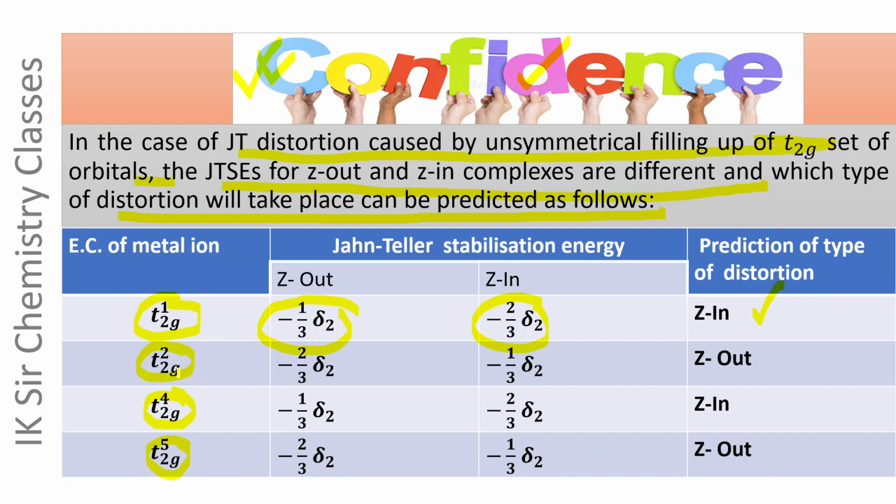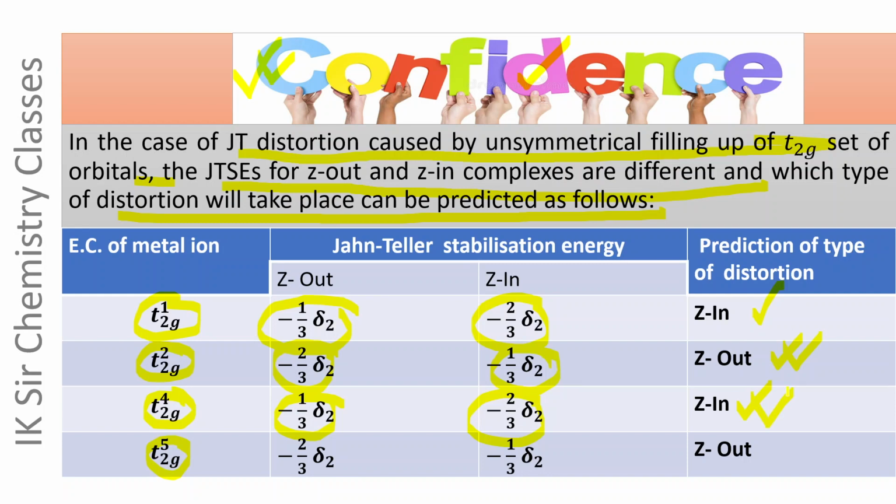For t2g2, the Jahn Teller stabilization energy for Z out is greater than that in the Z in configuration, and therefore Z out distortion will take place. In t2g4, the Jahn Teller stabilization energy in the Z in configuration is greater than that for the Z out configuration, and therefore Z in distortion will take place.